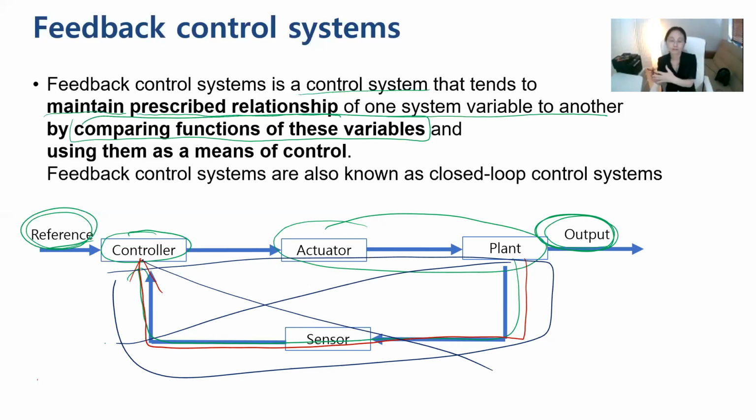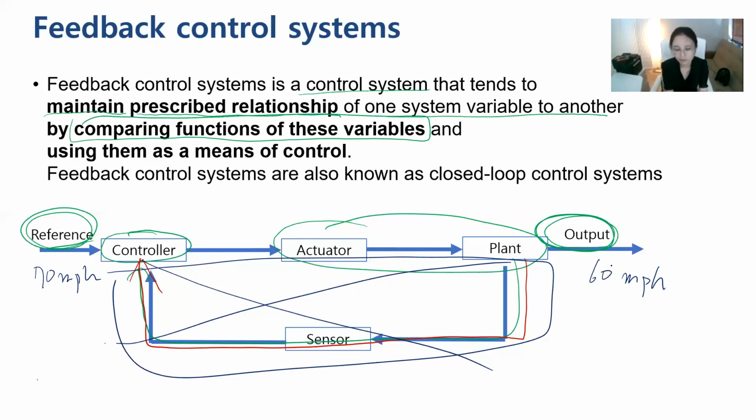So therefore the plant can show the desired output, such as a speed control, where your desired reference is 70 miles per hour, and then your output may be 60 miles per hour.